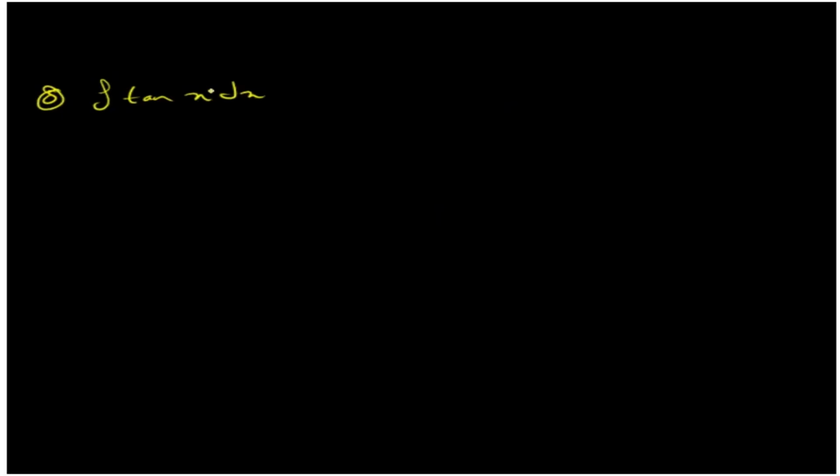Okay. How do you integrate tan? It's ln sine x. Okay. It's ln sine x plus c. The integral of tan is ln sine x plus c. Oh, it's a sec. Sorry. It's ln sec. Okay.